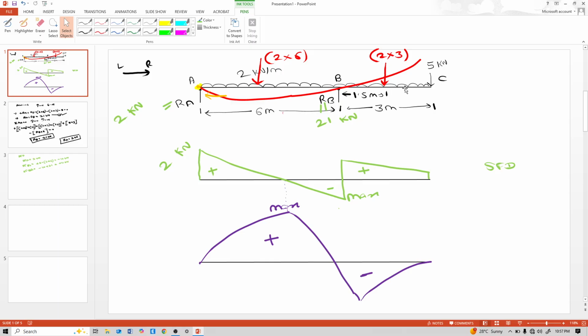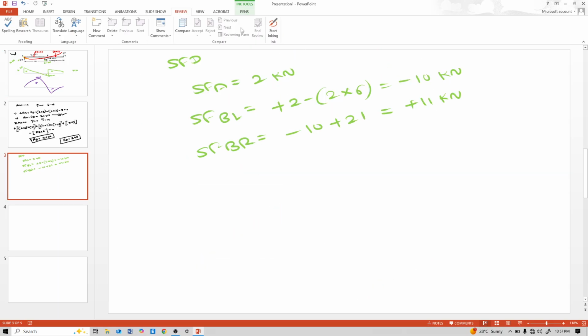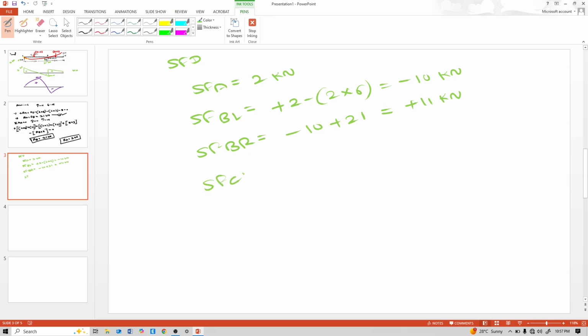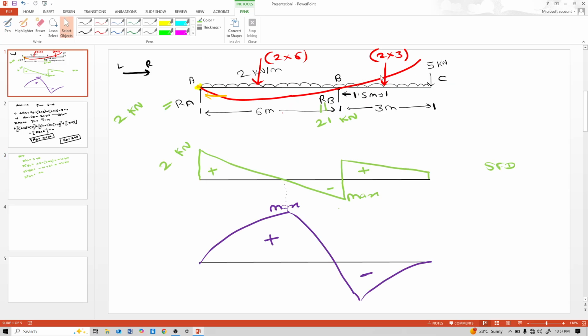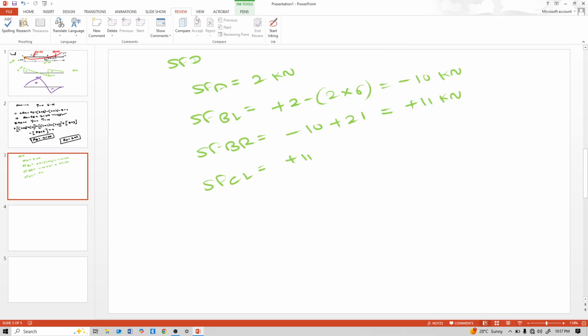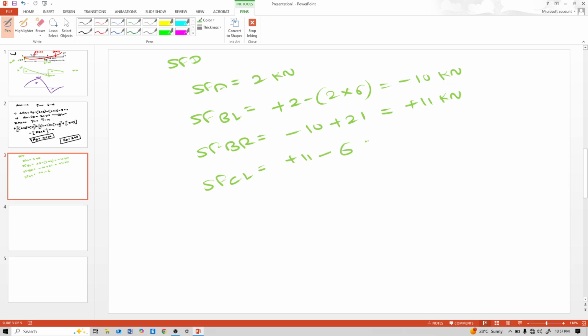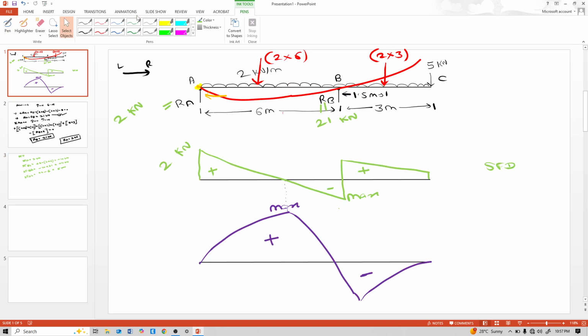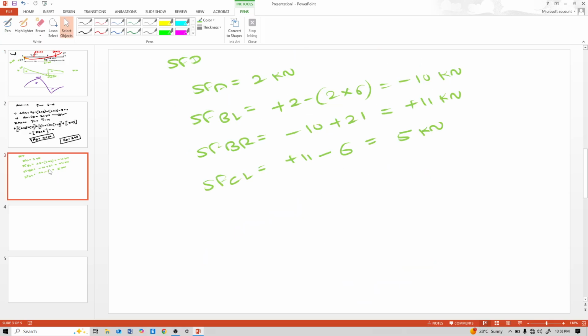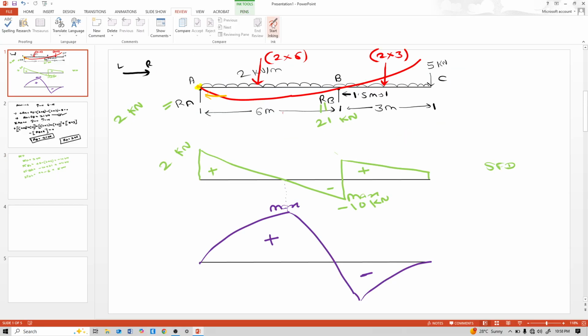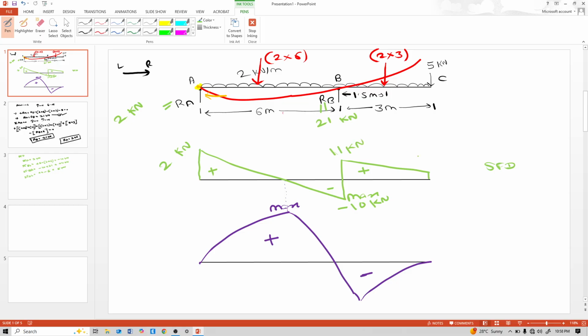So next is shear force at C, just left of that C. Positive 11 and this inclined 3 into 2 concentrated point load downward, so minus 2 into 3. That means minus 6, that means 5 kilonewton. Here minus 10 kilonewton, here 11 kilonewton, and here 5 kilonewton.